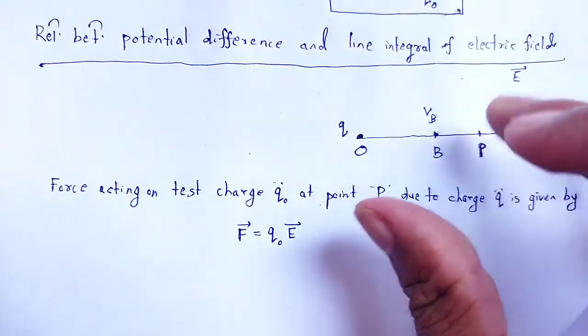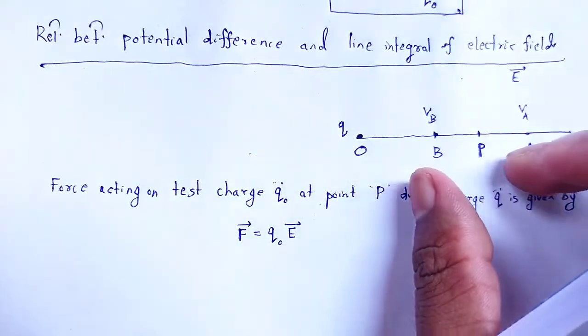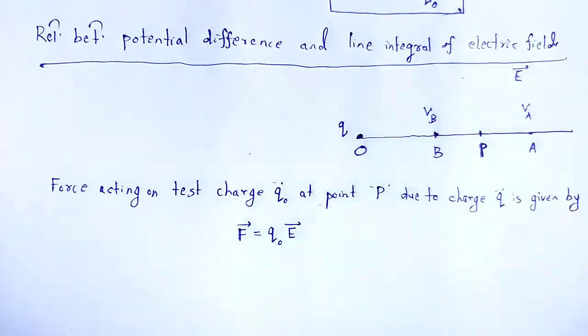Inside that electric field we take the charge and the points having the potentials VB and VA.